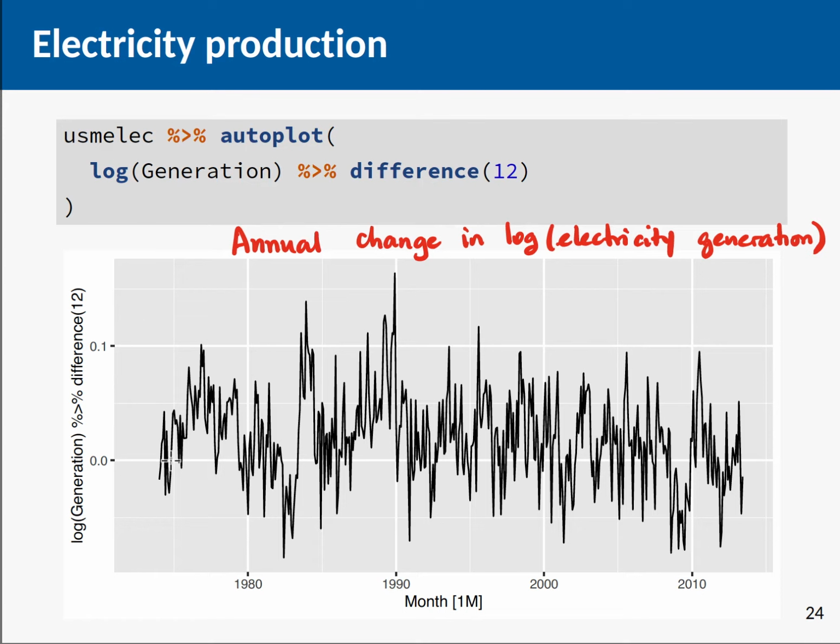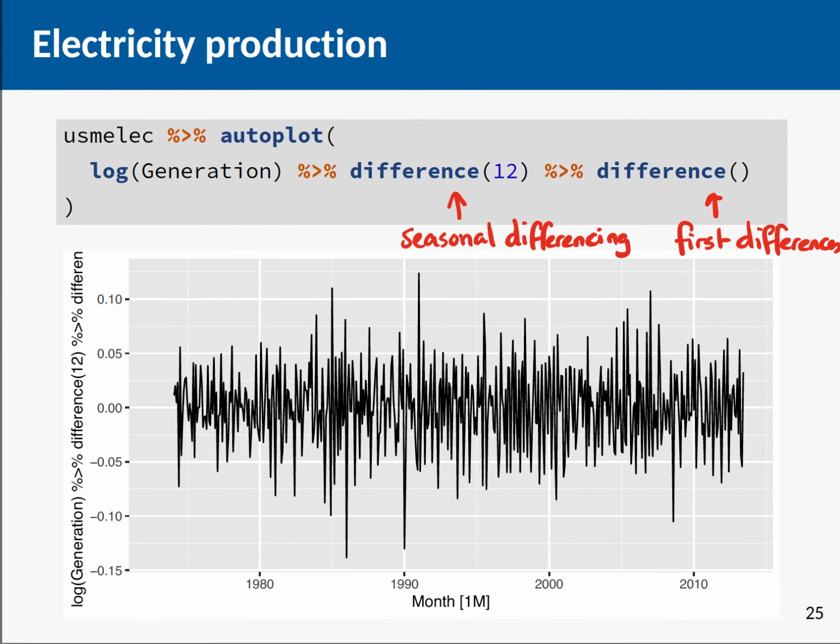So again, look how the data has transformed, and this looks roughly horizontal, but there is a difference in variability over time. So maybe these are periods of low volatility or low variability, but these are periods of high variability. So not completely stationary, but we have tests to see that.